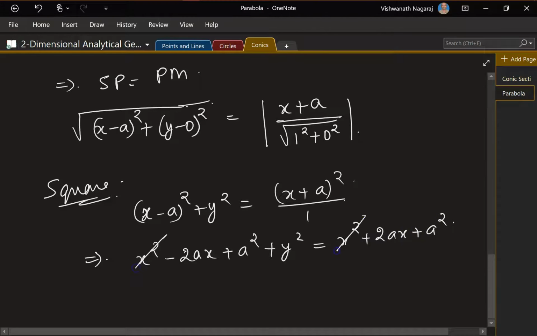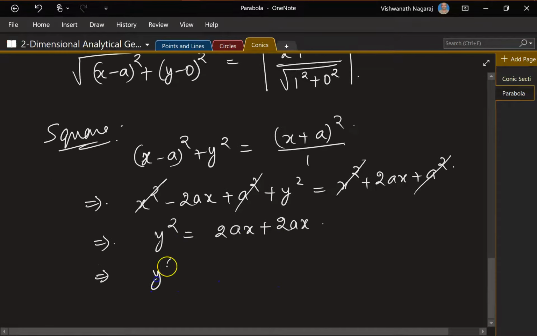Now X square gets cancelled, A square gets cancelled. So we are left with Y square is equal to 2AX plus 2AX, and finally Y square is equal to 4AX. This is the equation of the parabola.